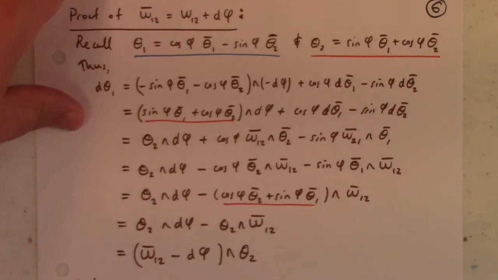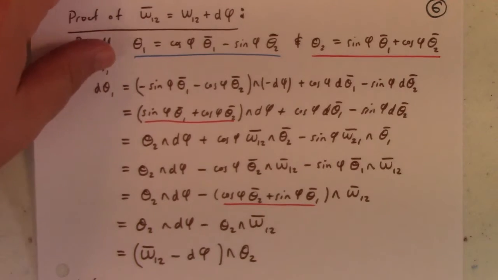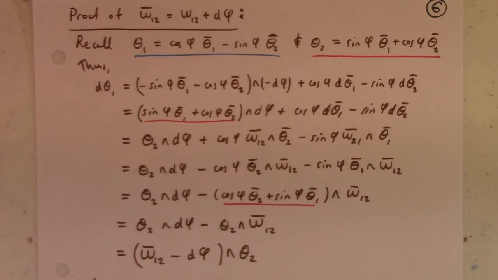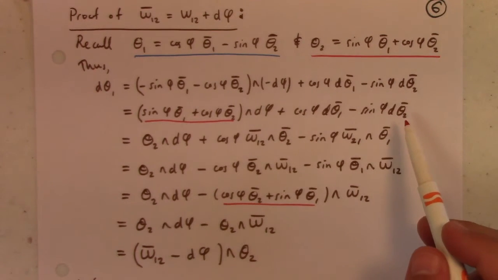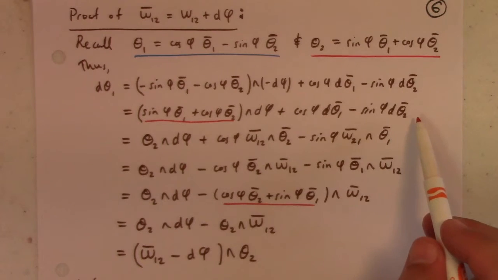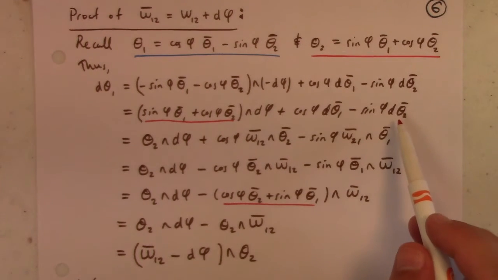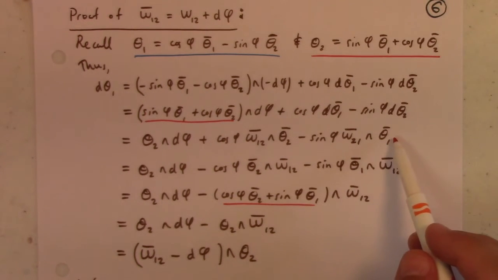Let's see here. And on the flip side, let me see here if I can complete the thought. I'll do it in orange. Let's see here. We used it up here. Let me see if I remember the pattern. So like d theta bar 2, right, is omega 2, 1 wedge theta 1.